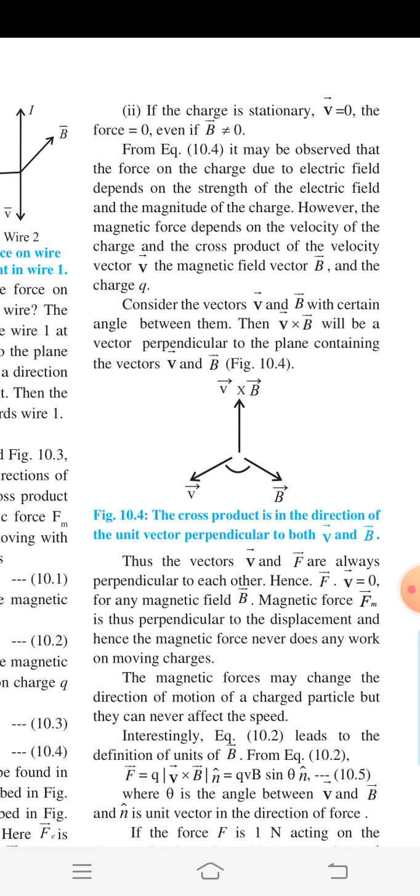Equation 10.4 shows us that the force on the charge due to electric field depends on the strength of that electric field as well as the magnitude of the charge.